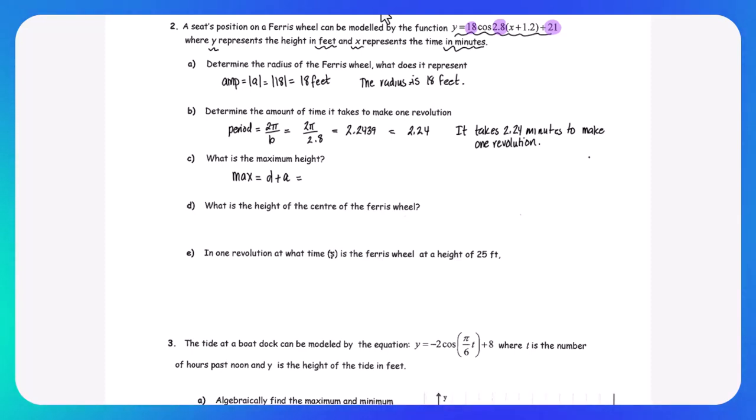So our average value D is 21 plus 18. And that gives us 39. And because this is a height, we have to have it in feet. So the maximum height is 39 feet.